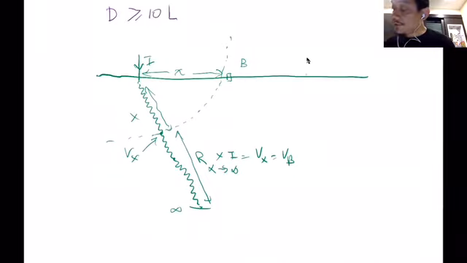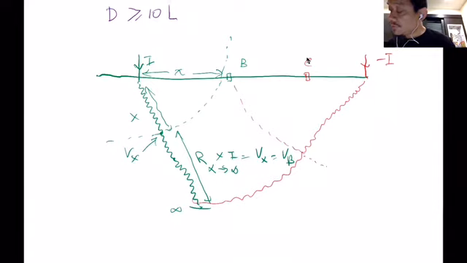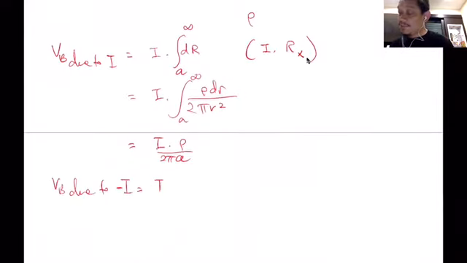C is here, your minus I is here, and you have to take the resistance from this distance onward.